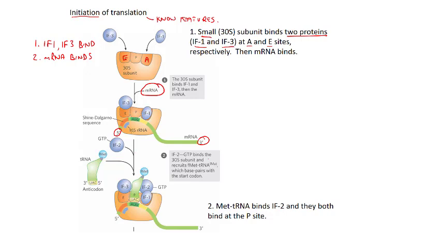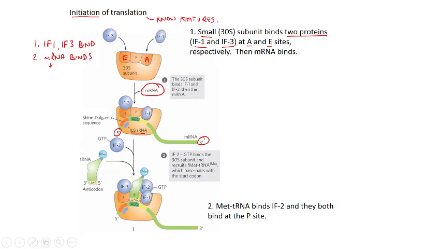Well, it does that because the 30S, the small ribosome subunit, contains this short segment called the 16S rRNA. It's one of the molecules that makes up the 30S subunit. You don't have to know what that is.